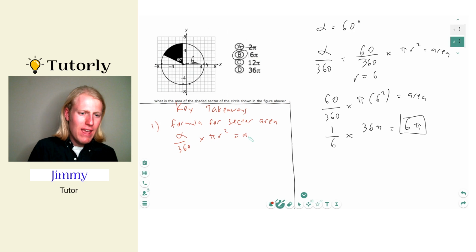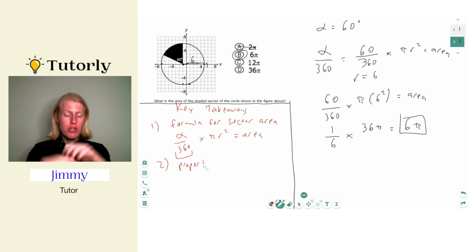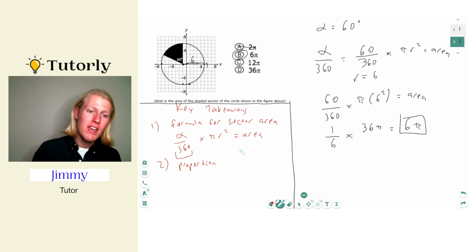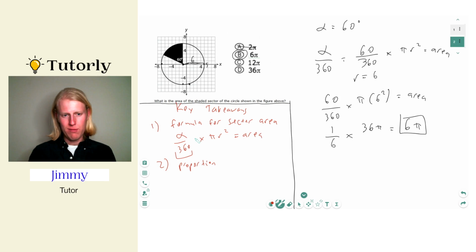But deeper than that, the reason this formula works is because alpha over 360 is the proportion of our sector to the whole. When we multiply that proportion times the total area, we get the portion of the area that our sector takes up. That's why we are able to find the area using that formula.